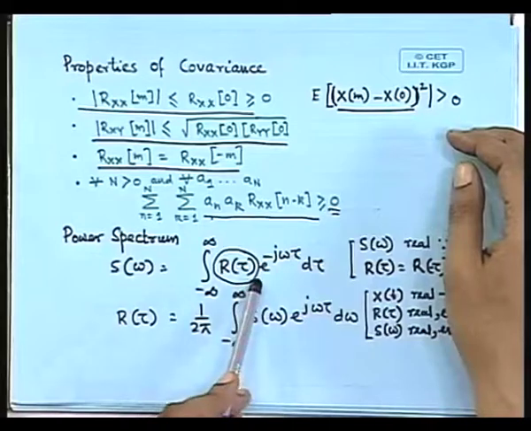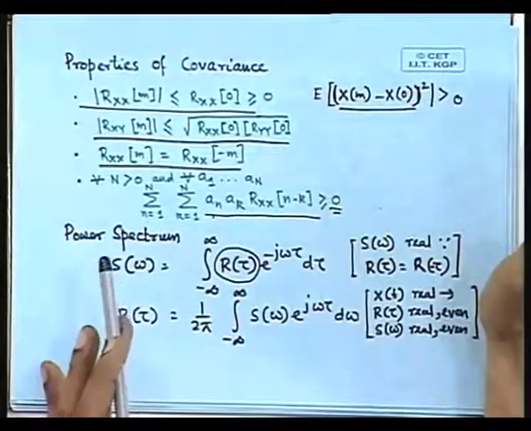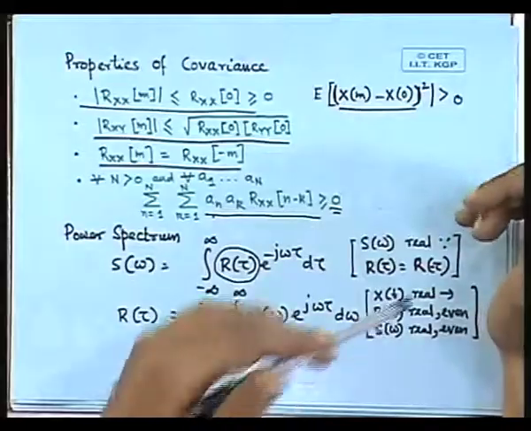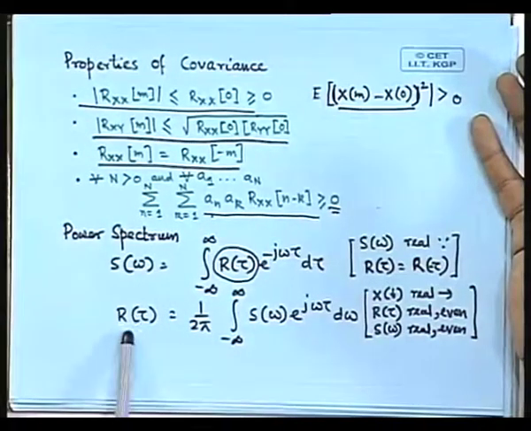That function is given the name of power spectrum. Why this particular name, power spectrum? We'll see. At this point of time, the power spectrum is nothing but the Fourier transform of the autocorrelation for an LTI system, correct? And obviously, if you have a Fourier transform, you can always have an inverse Fourier transform, right? So given the power spectrum, you can also get back the autocorrelation function with this integral.